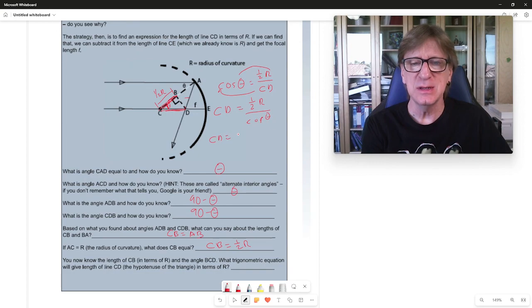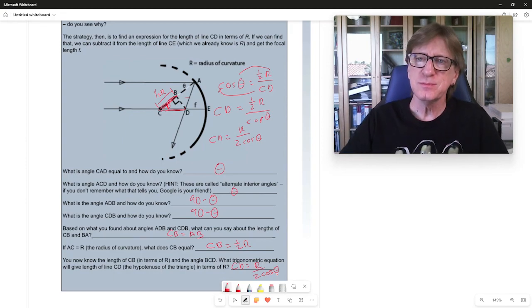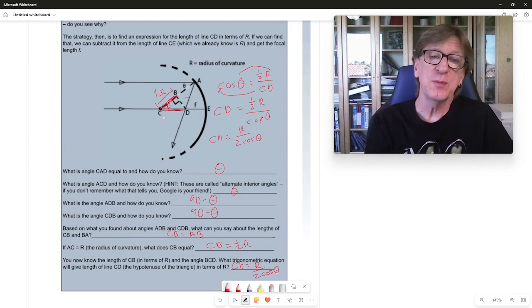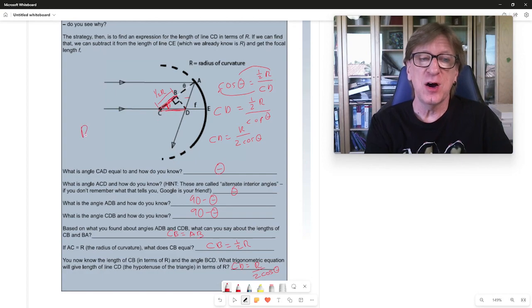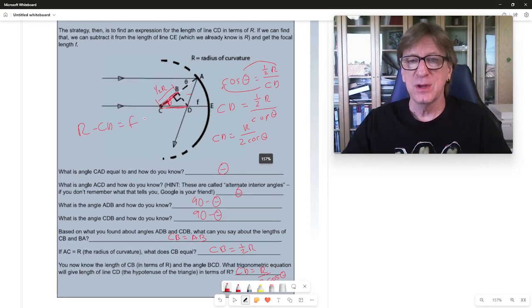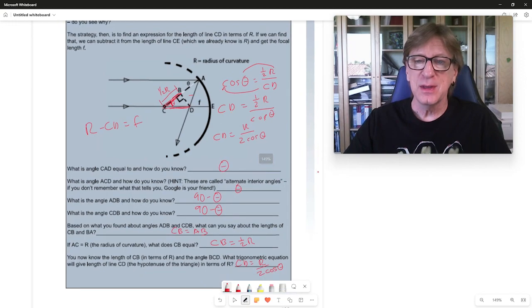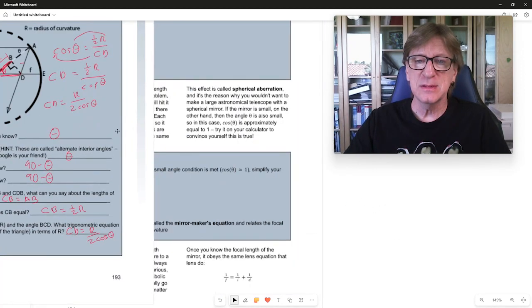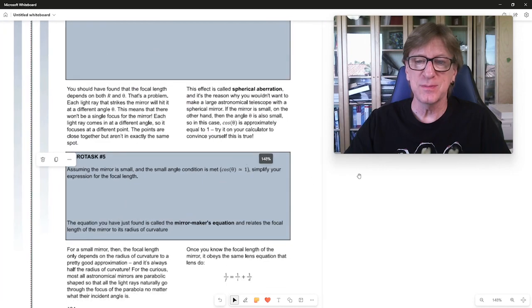We'll say that CD is equal to R over 2 cosine theta. And that was our goal. Remember that if we can find CD, R minus CD is going to equal F.